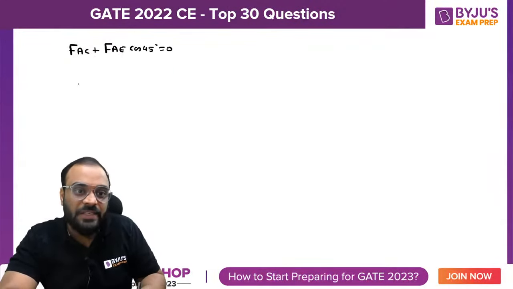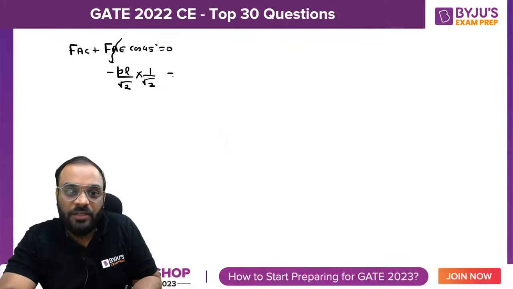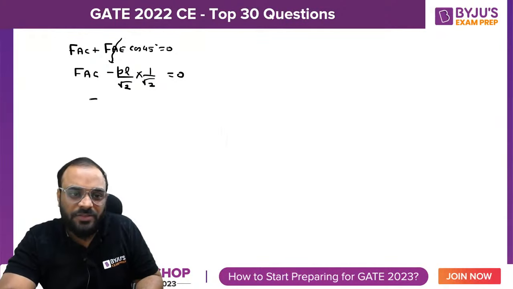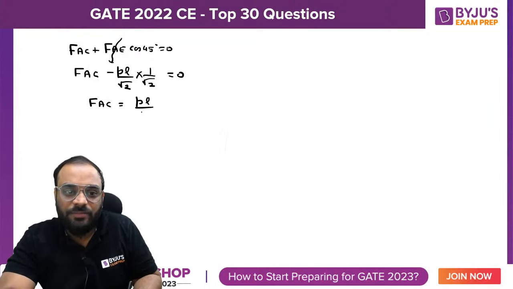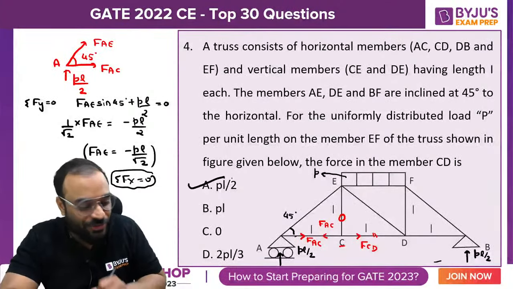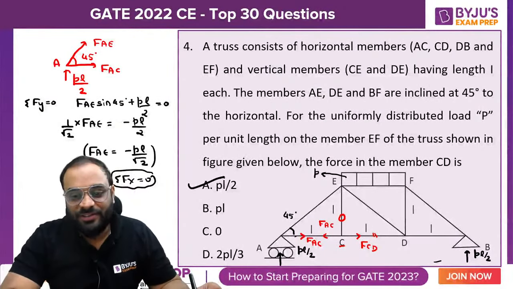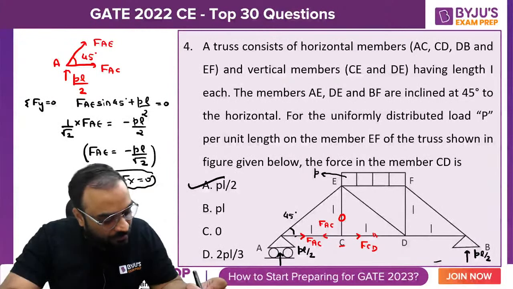So FAE is equal to minus PL by root 2 multiplied by 1 by root 2, and it should be 0. And this is basically FAC. Just find out the value of FAC here. Very simple answer. PL by 2. So those who are saying 0, wrong here.